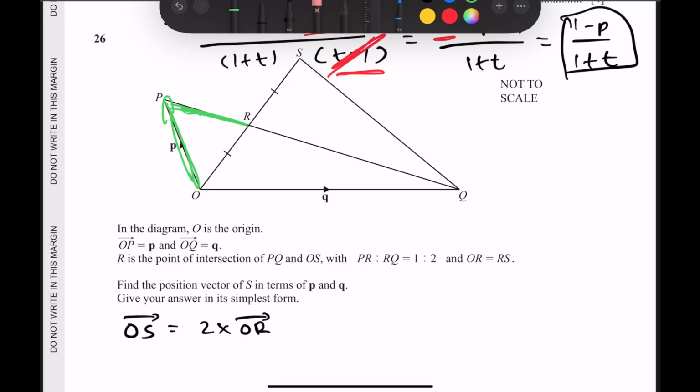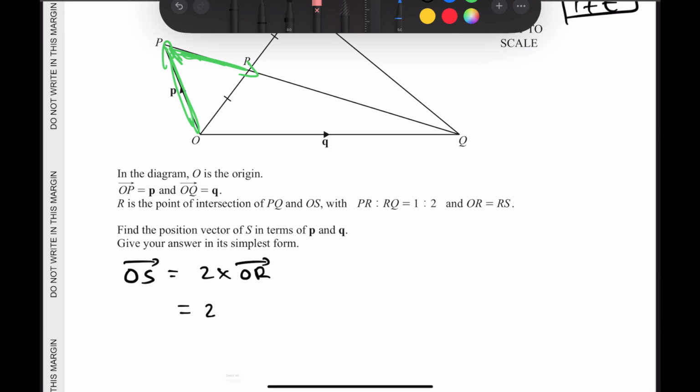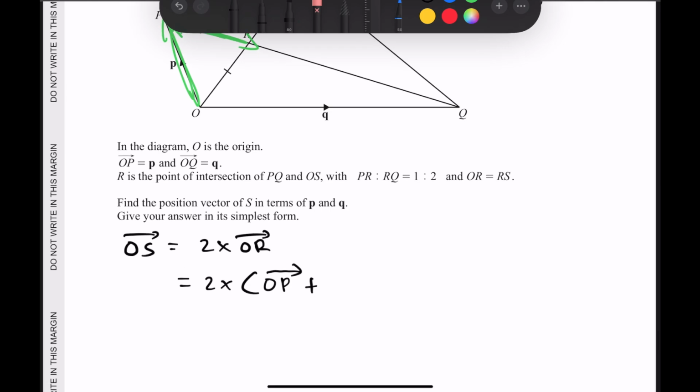Since we can take any route to get to the same position and the value will always remain the same, you could do OQ plus QR or OP plus PR, and the value should always remain the same regardless. So OR would be equal to OP plus PR.